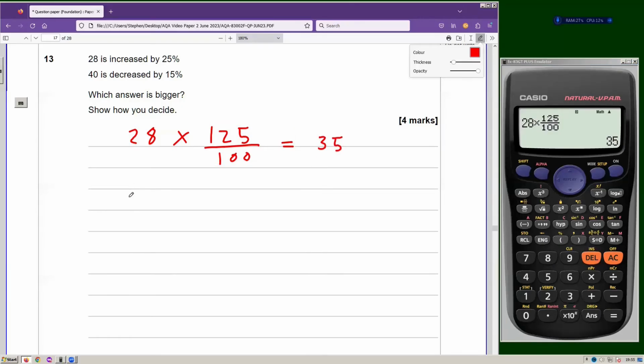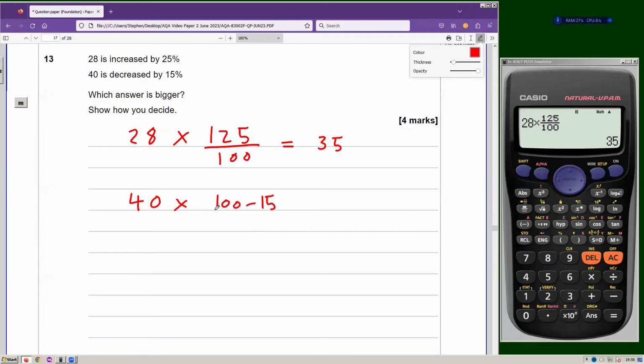Okay, and then the other one is we're going to go down now. So we're going to go 40 times by 100 minus the 15%.